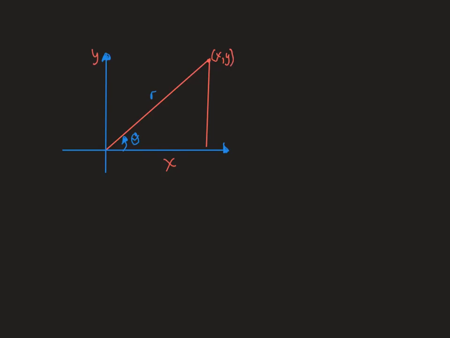Now, what do you suppose this one is here? Well, from here to here, this would be a y value. So we're just calling that y because we already talked about it on the other page.